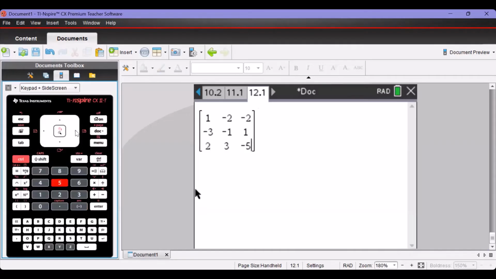And what we want to do is we want to raise that to the power of -1 because this is our inverse matrix. Then the multiplication key. We're then going to multiply by the column matrix -6, 2, 10.